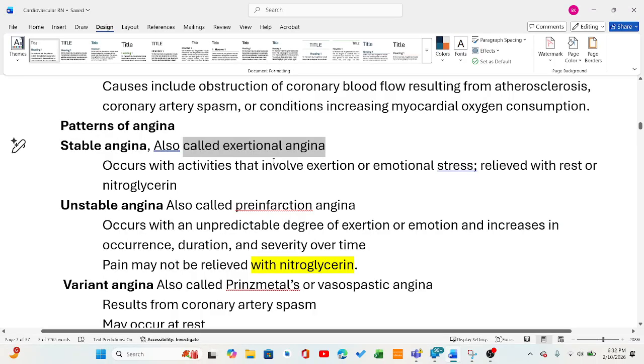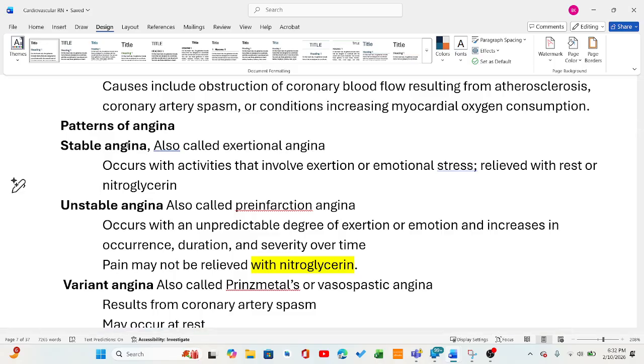So this occurs with activities that involve exertion or emotional stress. So when you get rest or you are able to control your stress level, or you take nitroglycerin and then this chest pain stops, it is more of stable. So you can predict what is causing it and then you can put interventions in place.